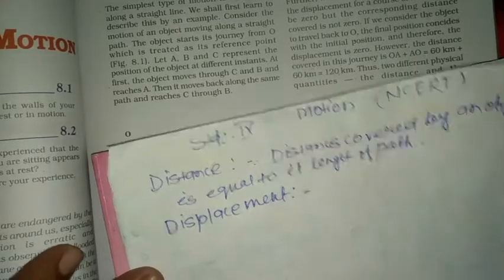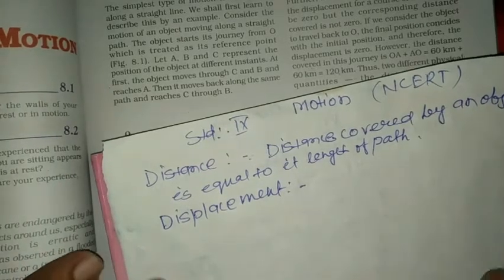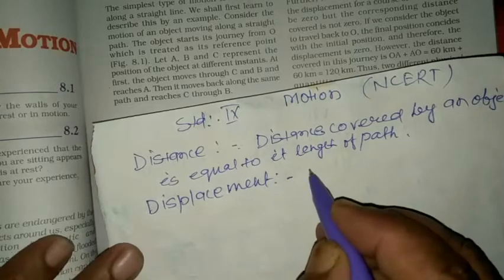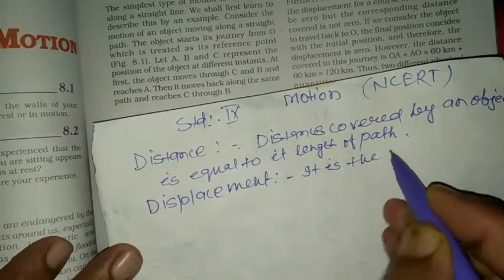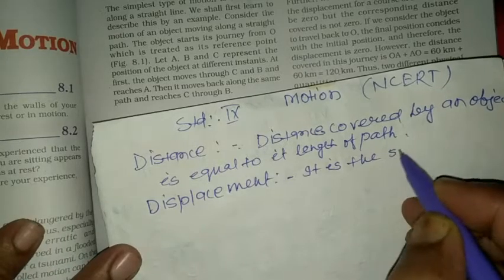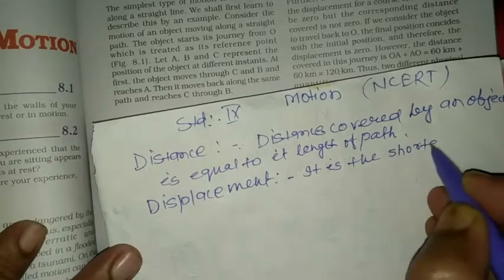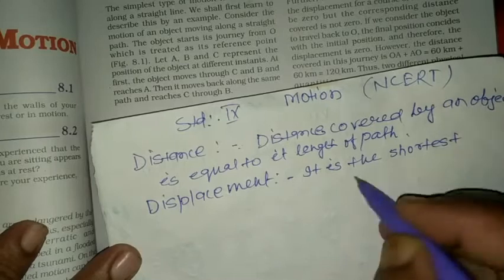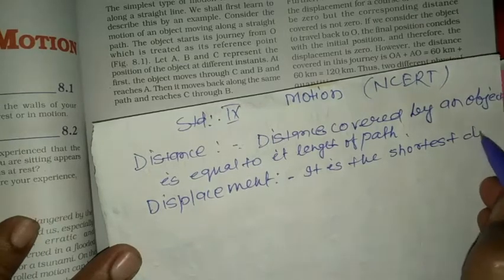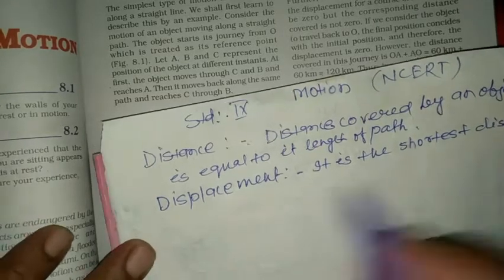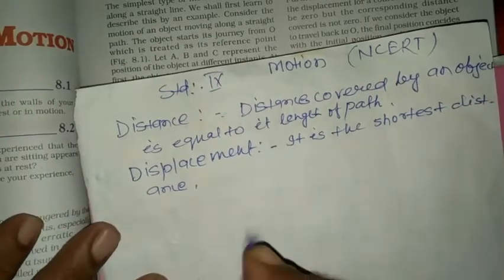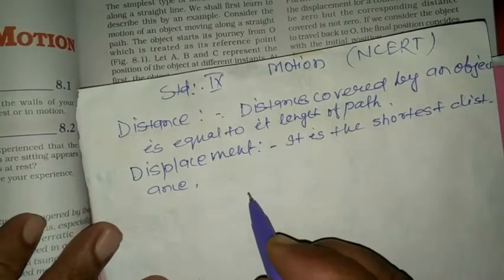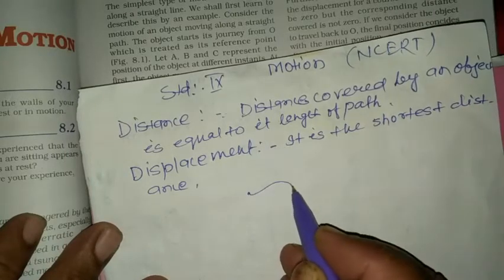on which it travels. Whereas displacement is the shortest distance. How can we conclude? Suppose an object travels along a path like this.